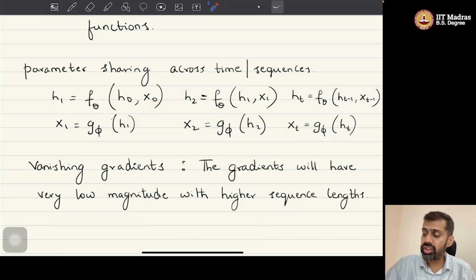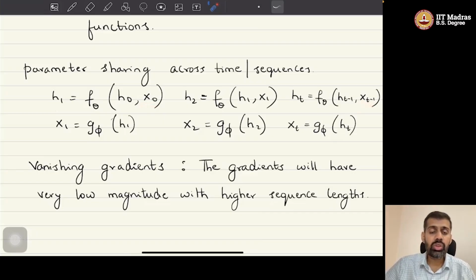The dependence of xt on x0 is via this ht, the intermediate representation, which is tasked with compressing all the information regarding all the previous data points, from x0 till xt minus 1.